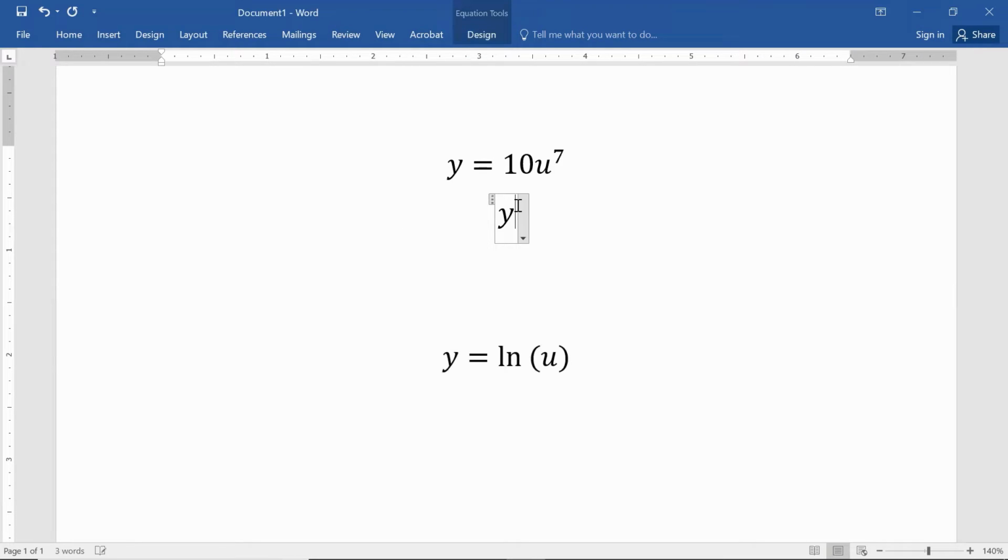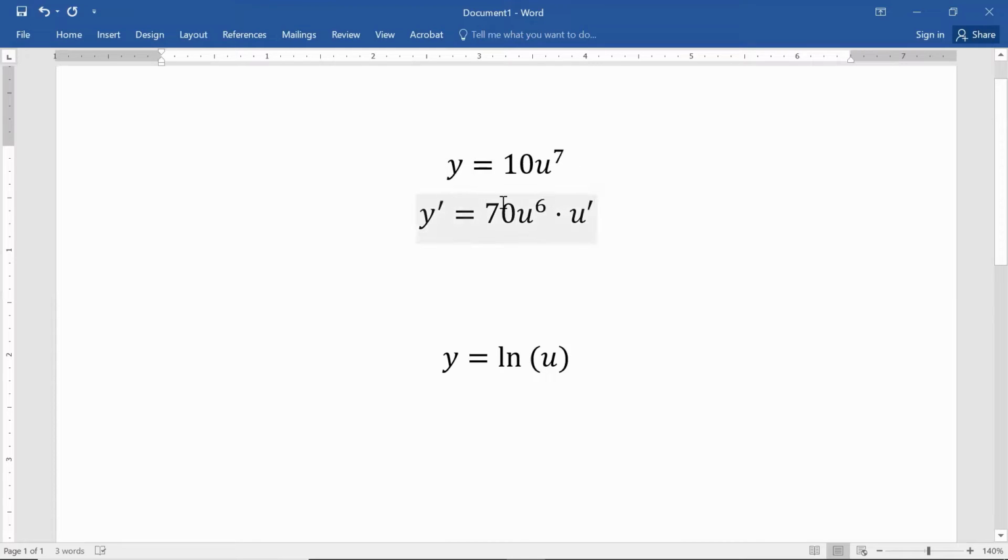Essentially, we took y prime equals 70 u to the 6th power and then multiplied that times the derivative of the inside function. If I wanted to symbolize that with a u, I could just take that as u prime.